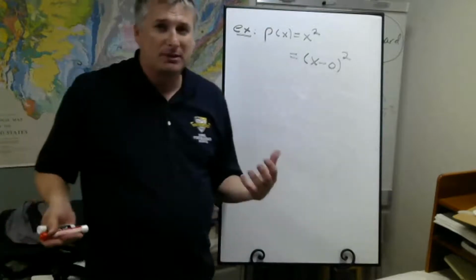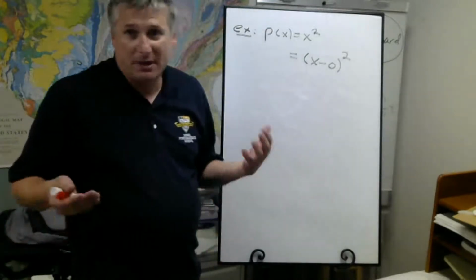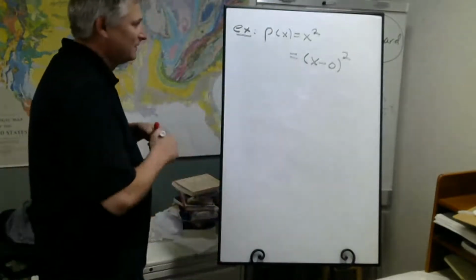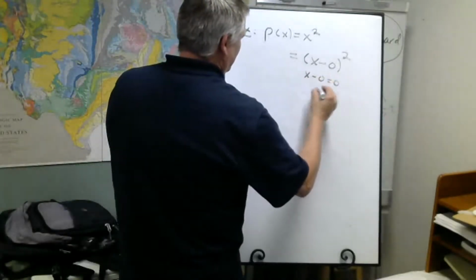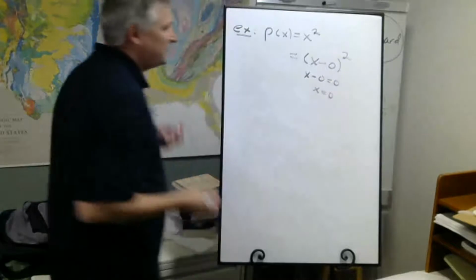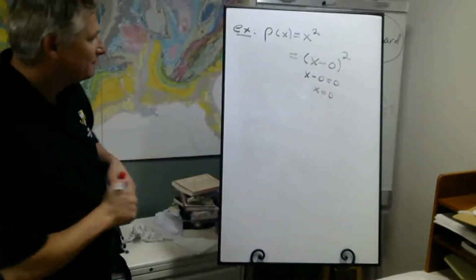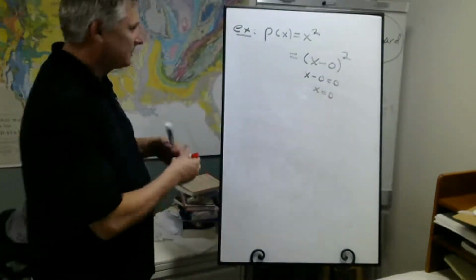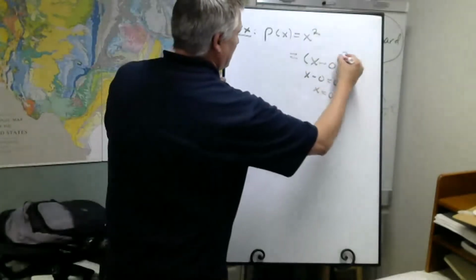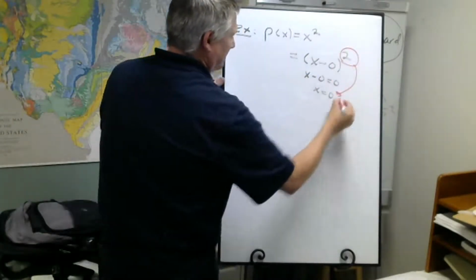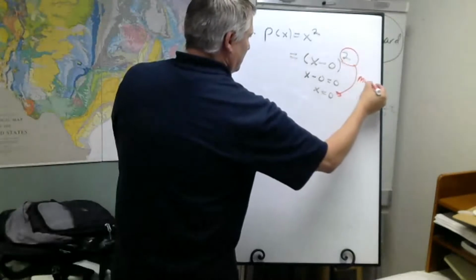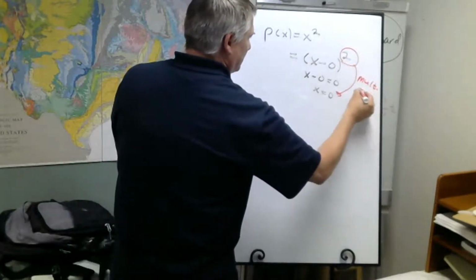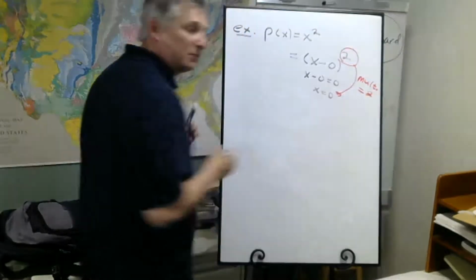So that means the x-intercept is x equals 0. So you could say that x minus 0 equals 0 or x equals 0. So the x-intercept is x equals 0. Now this x-intercept has a multiplicity of 2.